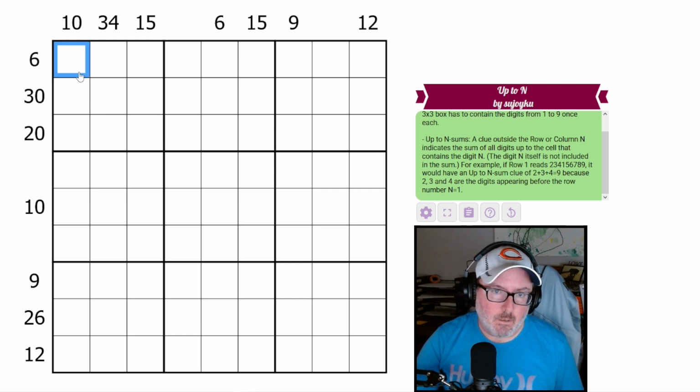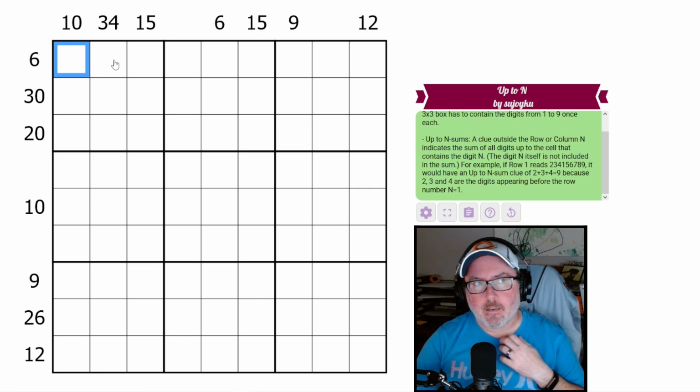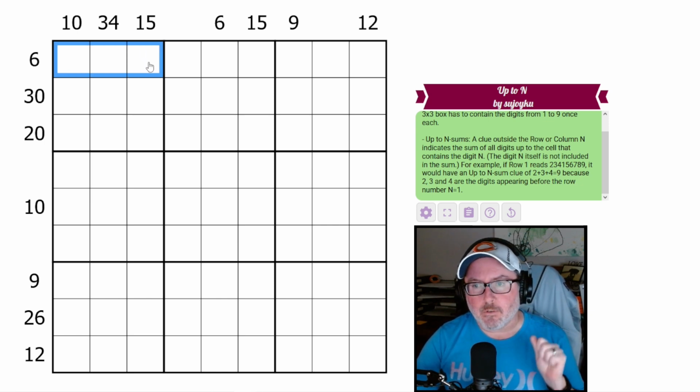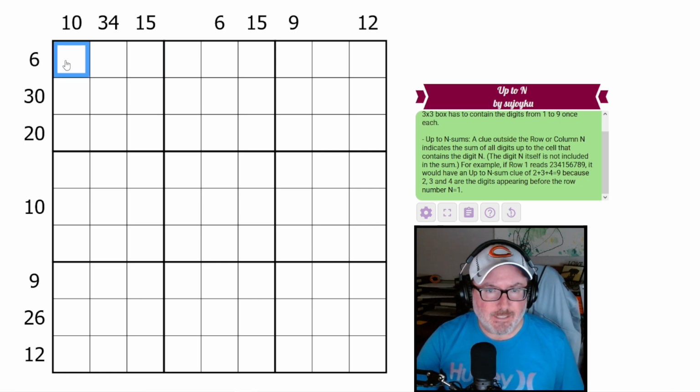Normally, thinking out of context, you could make 6 in 3 cells, 1, 2, and 3, but that won't work because we're not using the 1 since we're in row 1. So this is either going to be a singular 6 here with a 1, or it's going to be 2 digits that add to 6 and then a 1. Is that useful?